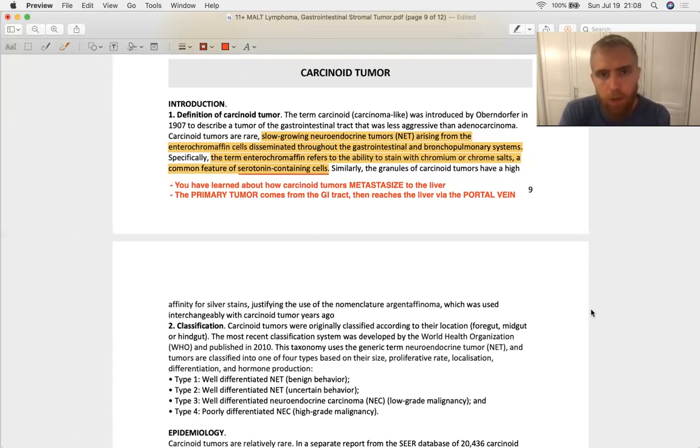And what are the specific lesions? You usually see tricuspid regurgitation. That's the most common, followed by pulmonic valve stenosis. So it's a right-sided heart problem. Why is it only the right side of the heart that gets hurt? Well, because the damage is mediated by serotonin, and serotonin gets metabolized by the lungs and inactivated, and so it doesn't reach the left side of the heart.